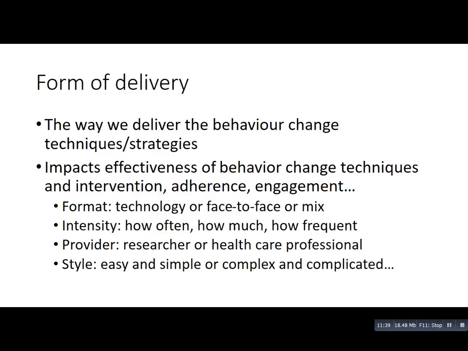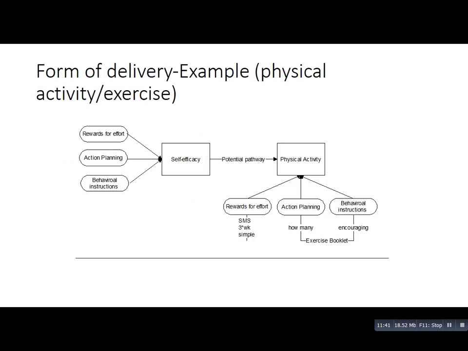And here in this final slide, I've tried to put this all together again with our example of physical activity and exercise. So as we said before, from the theory, we know self-efficacy should have an impact on physical activity. We also know that these three techniques are important to impact self-efficacy and also physical activity.